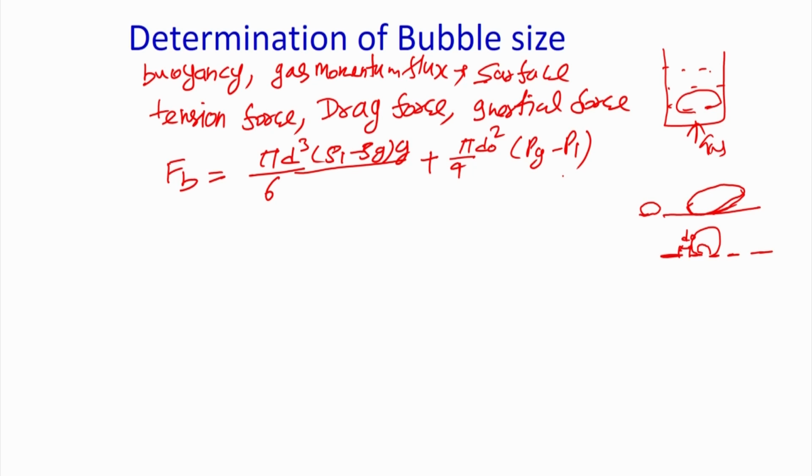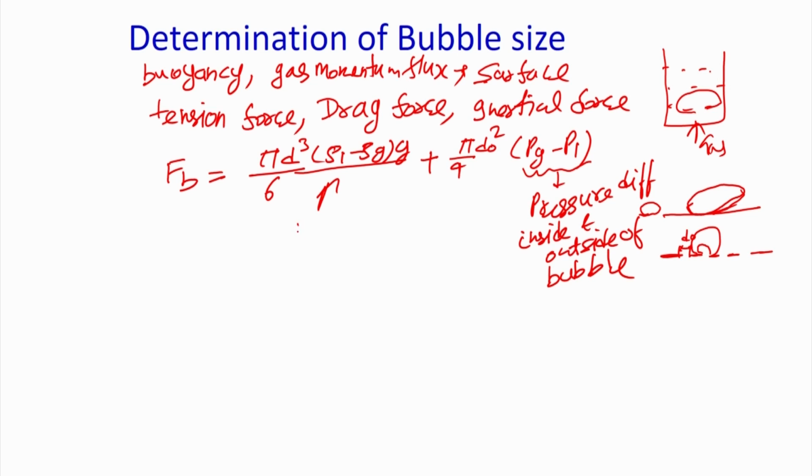So this is the total buoyancy force which is going to act. Pg and PL give the pressure difference inside and outside of the bubble: inside the bubble the pressure is Pg, and PL is the pressure outside of the bubble. So these will be the forces acting on this.